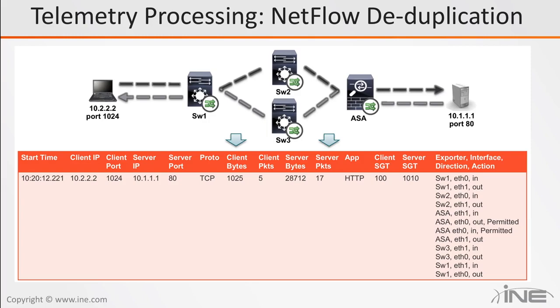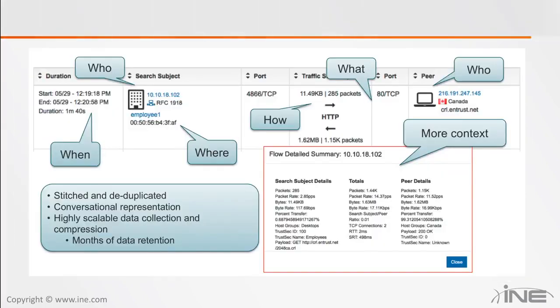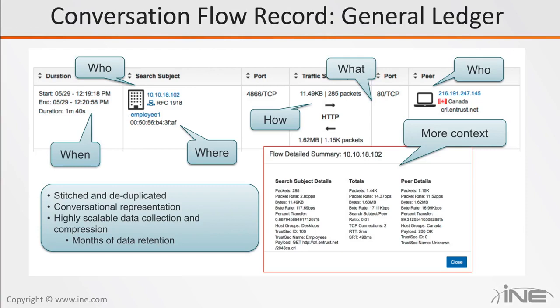This entire thing that we have seen is called the general ledger. In this general ledger, we see that the traffic has gone from the IP 10.10.18.102 to the IP 216.191.247.145. This is called transactional context, where we know all 7 details: source IP, destination IP, source port, destination port, protocol, input interface, and DSCP.